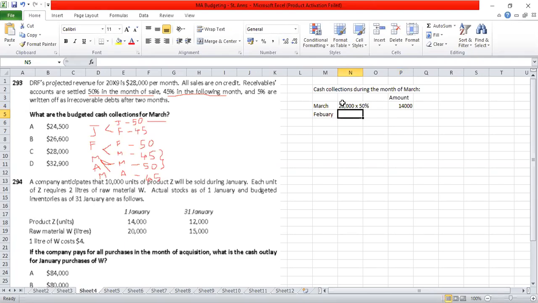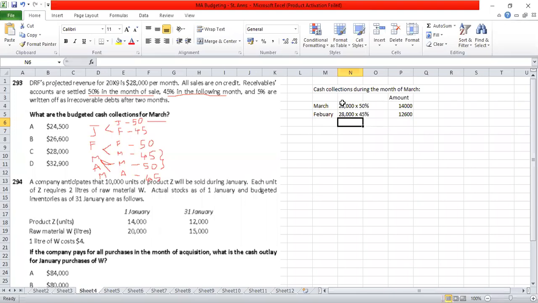That is the point. So February sales are also 28,000, into the percentage, 45%. 5% are written off after 2 months, so technically that is not collected at all. When it is not collected, we would not write it in the cash budget. When it would be written off and what is the journal entry will be taken care of in the books of accounts later on.